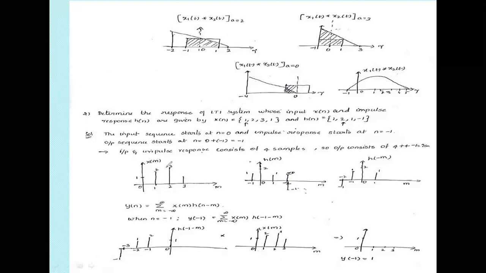At n equal to 1, the value is 2. N equal to 2, the value is 3. And n equal to 3, the value is 1. Okay. And h is also given. Arrow mark representing at 2 means the value is -1, the value is 1. At 0, the value is 2. At 1, the value is 1. And at 2, the value is -1.